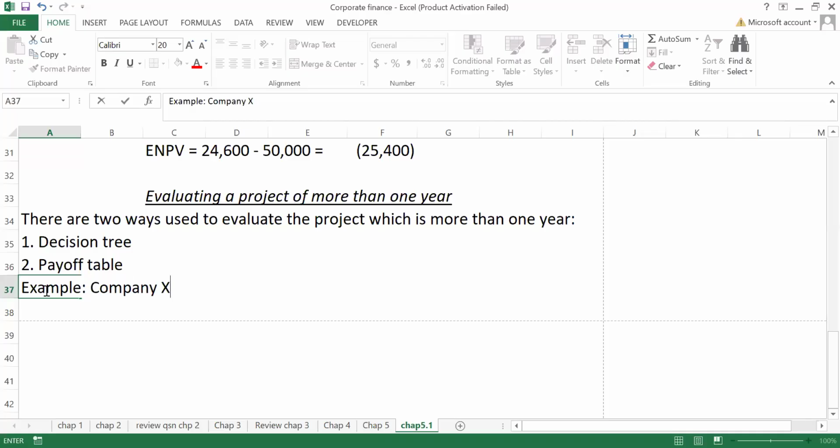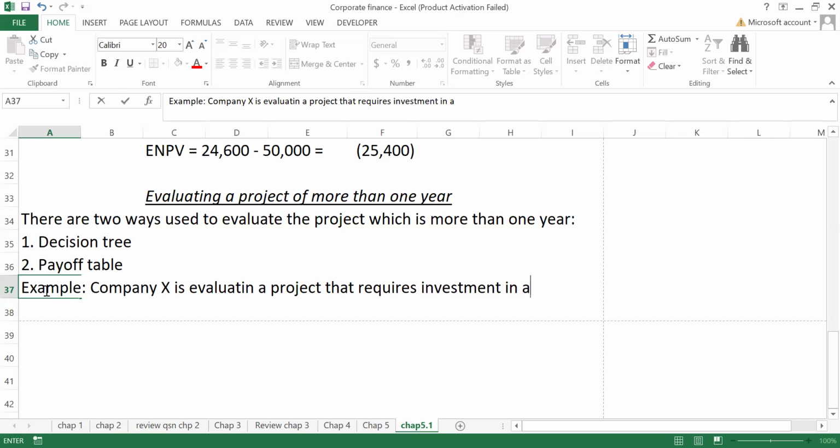Steel company X is evaluating a project that requires investment in assets of 100 million.